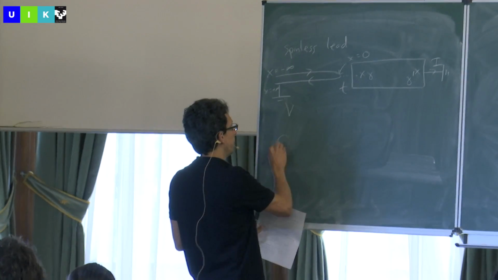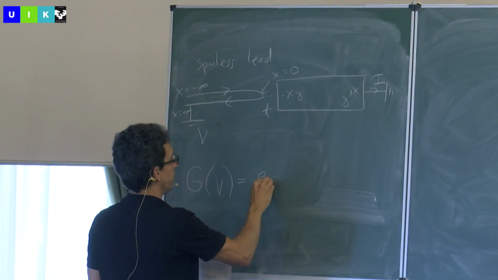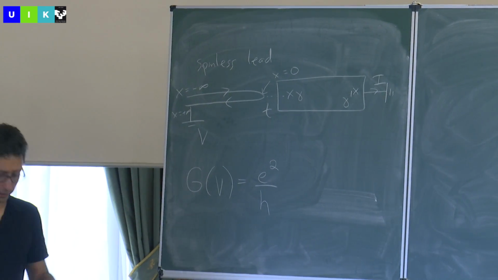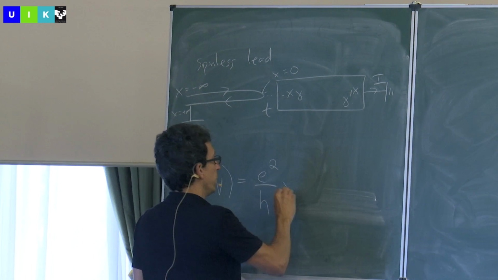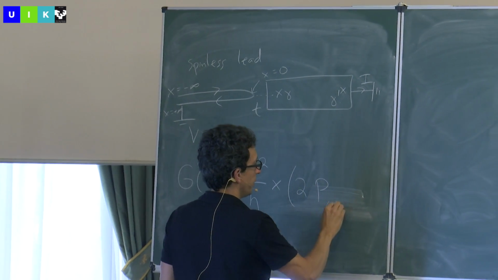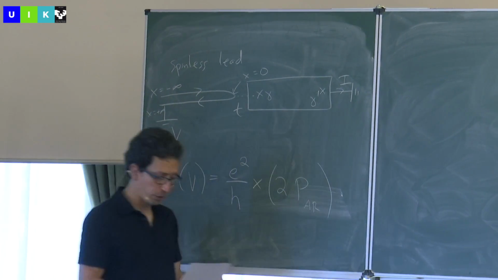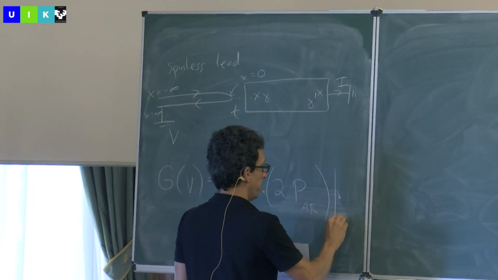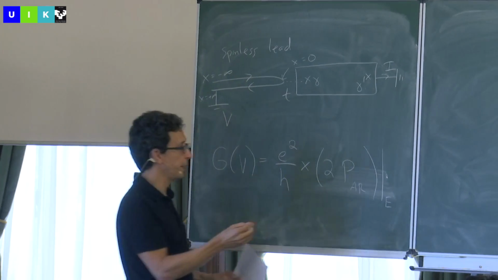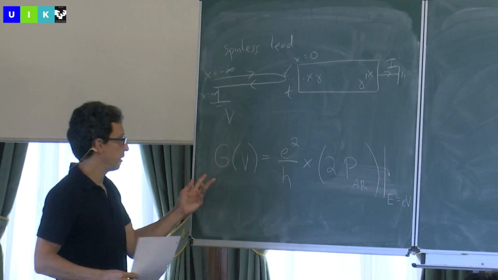And correspondingly, the conductance as a function of bias voltage has a very nice form. In the so-called Landauer-Büttiker framework, there's an e squared over h conductance quantum times twice the probability that an incoming electron undergoes Andreev reflection, so the AR stands for Andreev reflection. That probability is going to be energy dependent in general, and the energy at which we should evaluate it is the bias energy.